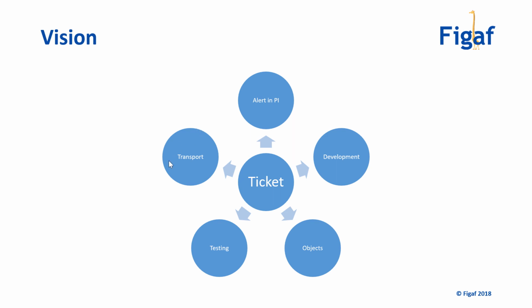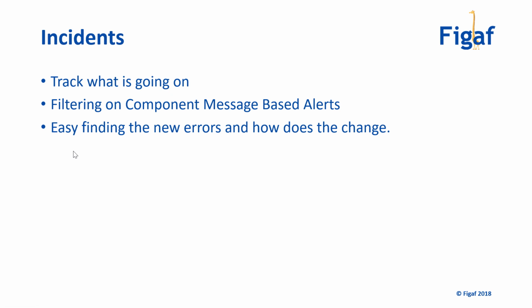Then we have the ability to figure out how to handle the different transports. So if you add an object to a transport, then you probably also need it in the ticket or something like that. Some of the components we already have. We have the incident-based component.